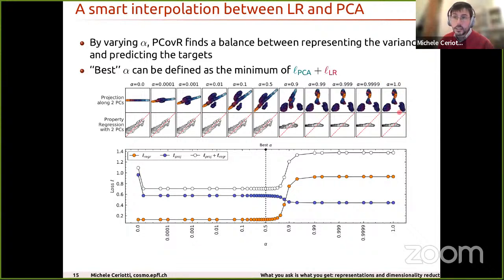In the other extreme, you get PCA. So you get something that emphasizes the features that, based on the representation and on the hyperparameters that you have chosen, are associated with the largest variance. But the ability of predicting, at least in a linear way, the target property is very, very poor.